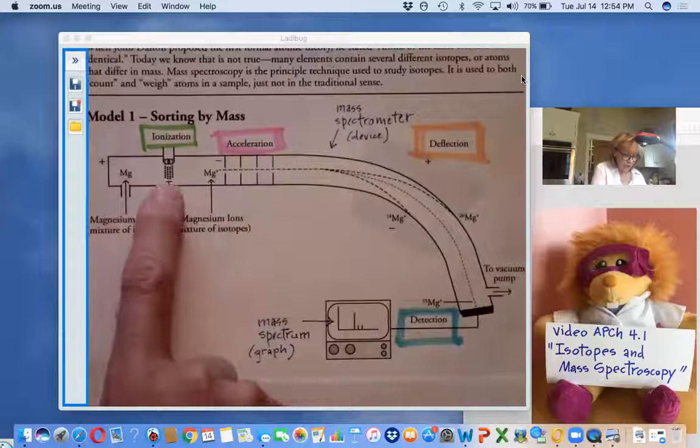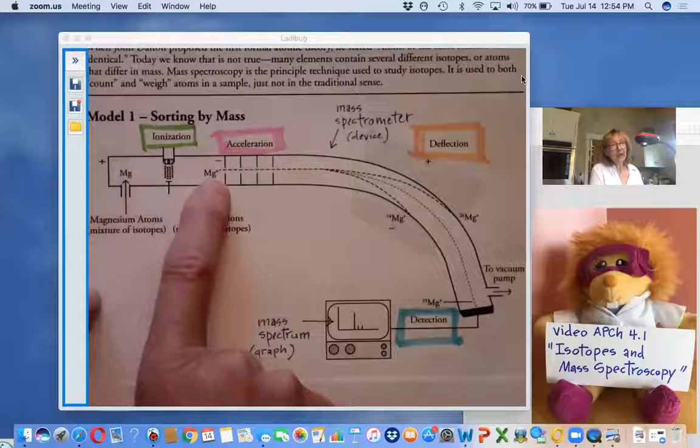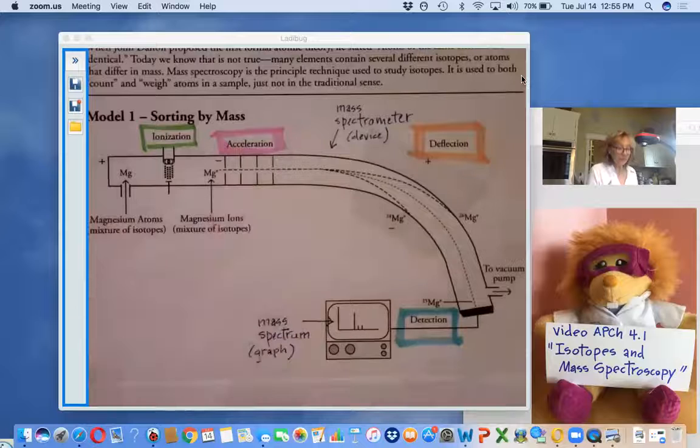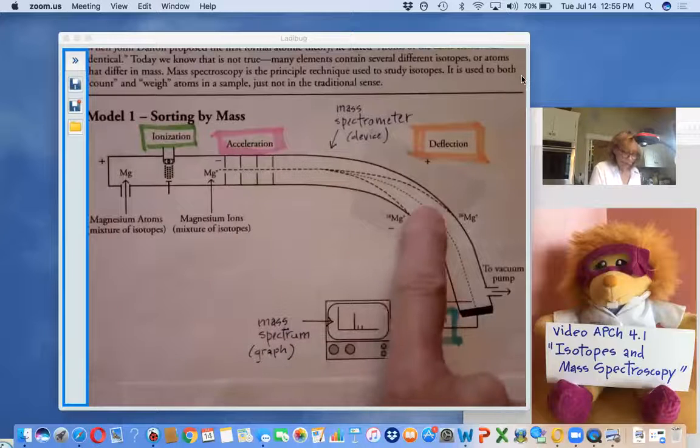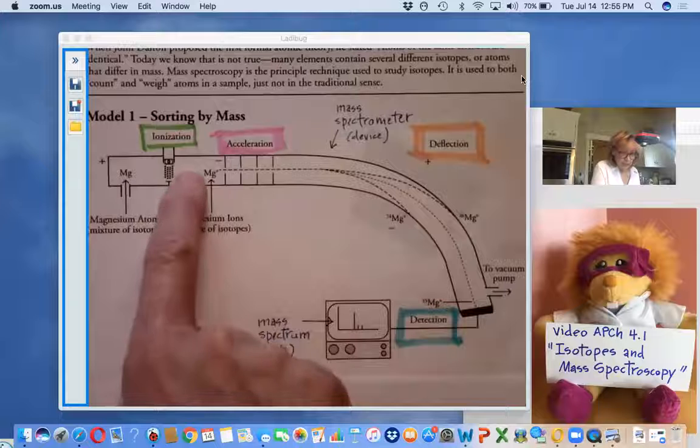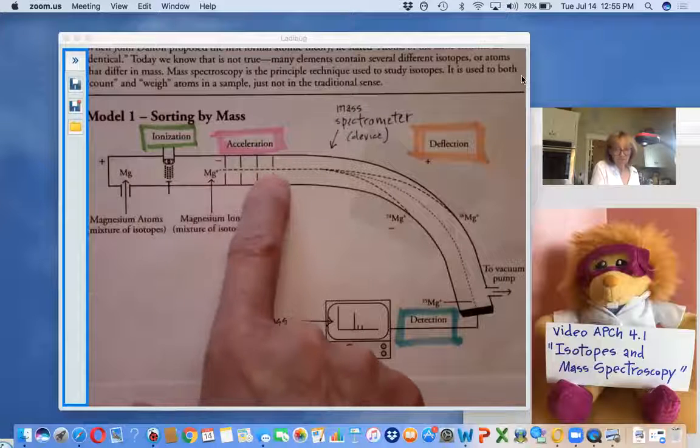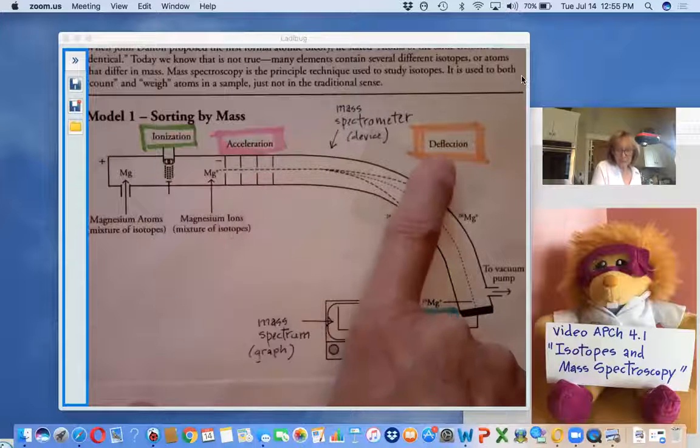So once all of these magnesium atoms, the various isotopes, are ionized by dislodging an electron, now they're positive particles which can be affected by tweaking electric plates in the device and causing this beam of isotopes to be deflected.